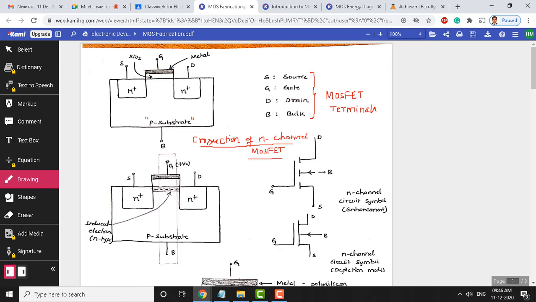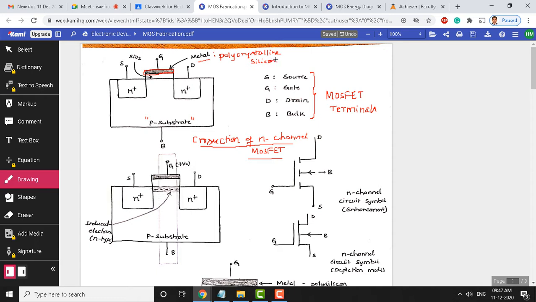And as you can see in the top layer here, there are totally 2 distinct layers. The top one, which is the shaded portion, this is going to be the metal. Metal is the name used traditionally, but currently this metal is of polysilicon type, polycrystalline silicon.